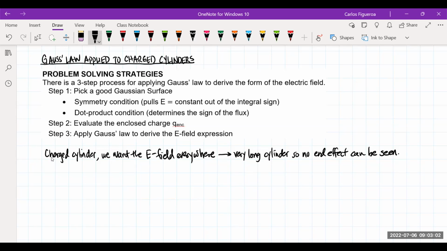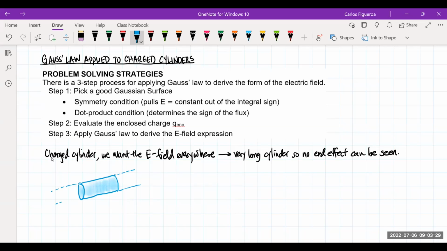So there's a couple of views that I want you to think about. Here's my cylinder, and I'm only showing you a piece of it, but it goes on for a very, very long ways.